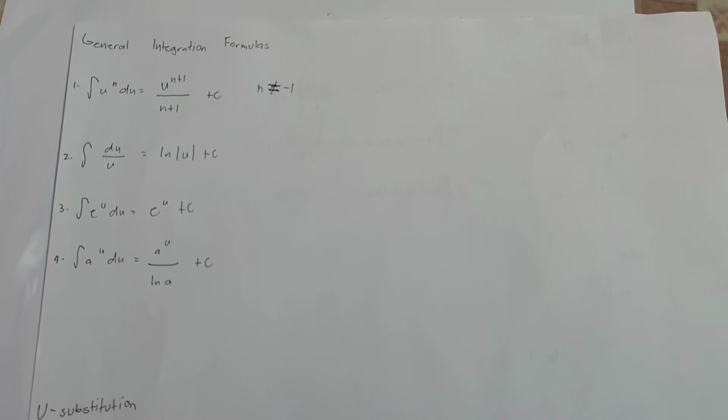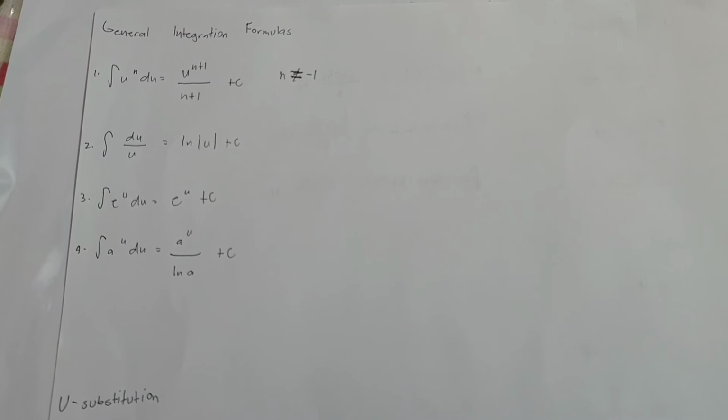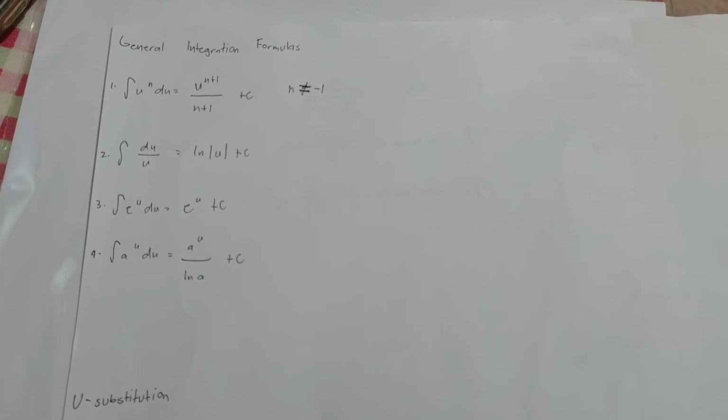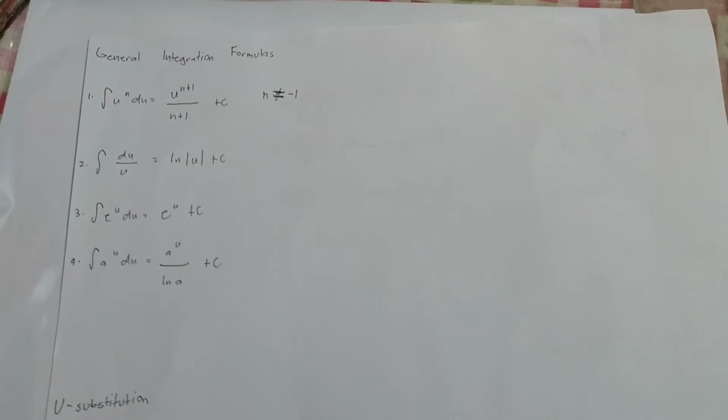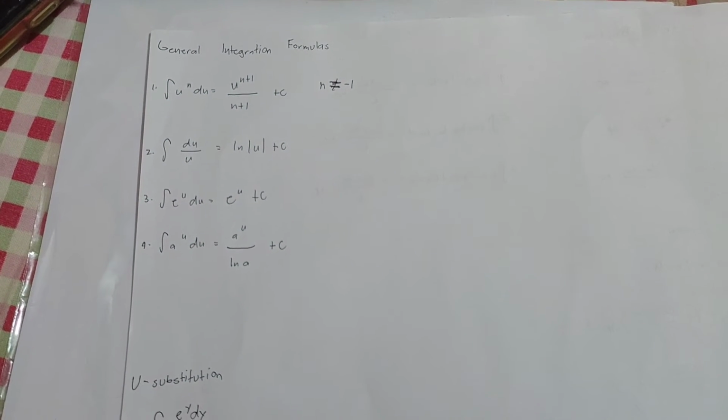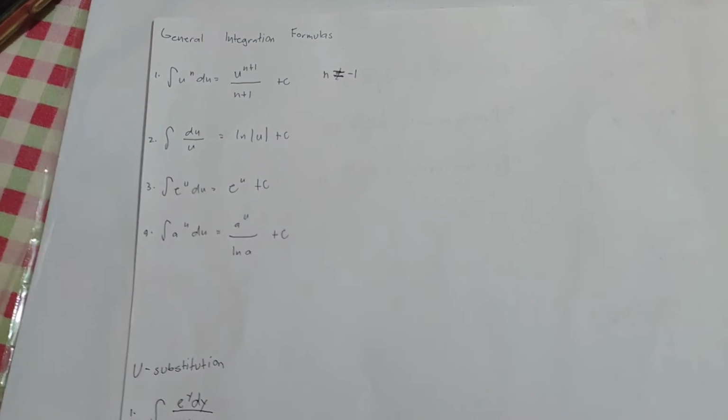Our second topic is about the general integration formulas, which consists of four formulas. Number 1 is the integration of u raised to n du is simply u to the n plus 1 all over n plus 1 plus c, if n is not equal to -1. This formula is a power formula.